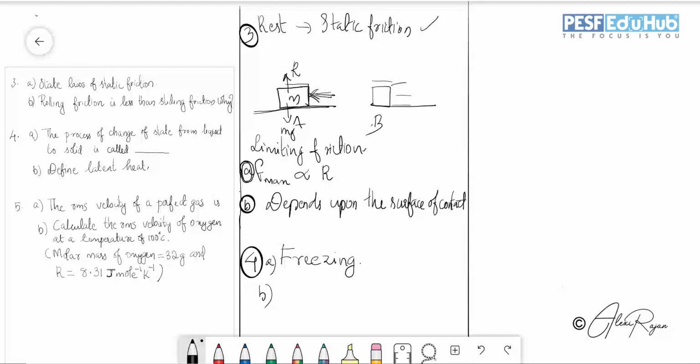Now, many latent heats are there: latent heat of fusion, latent heat of vaporization and so on. So you got the idea of what latent heat is. It is a hidden heat energy required to change the state of a matter. Got it? Okay, so that's about the fourth question.